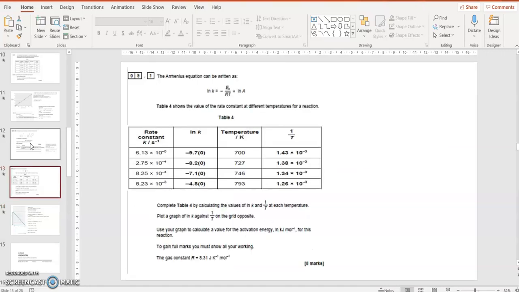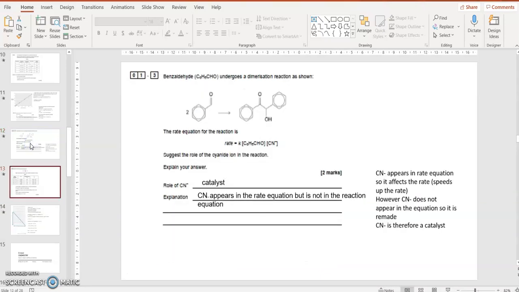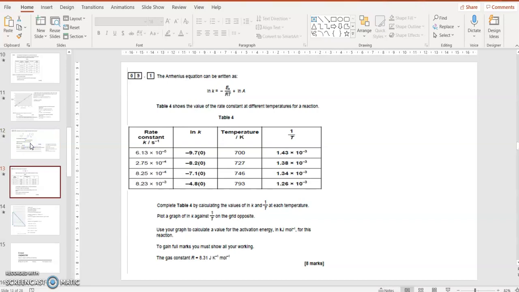If you want to know why, if you actually look at the Arrhenius equation, there's a general formula for a straight line graph. y equals mx plus c.